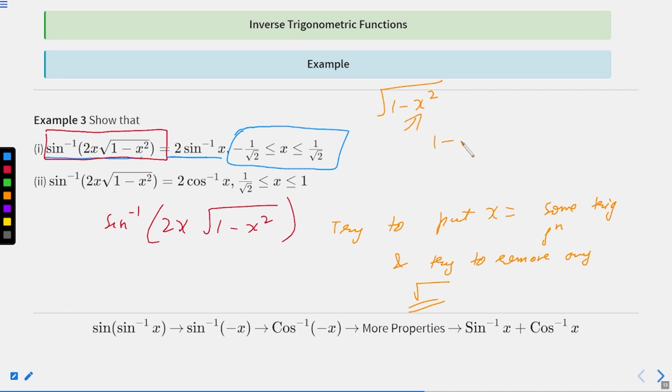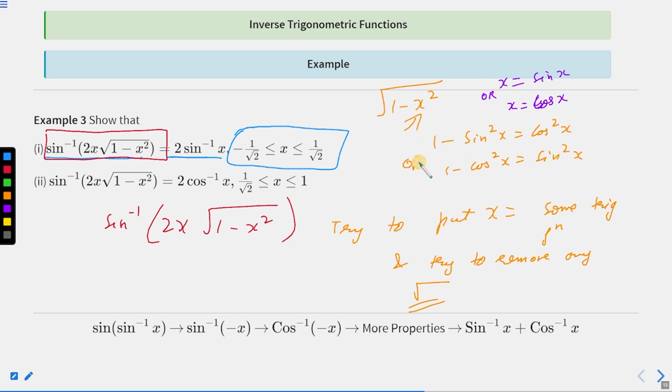So yes, 1 minus sine square x is cos square x, or 1 minus cos square x is sine square x. So you can either take x equal to sine x, or take x equal to cos x.